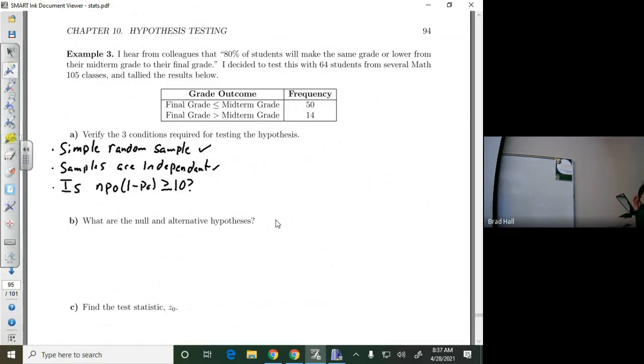So from here, 64 students, that's the total number of people that I considered in the study. p0 is the proportion that's assumed to be true. That's 80%, times 1 minus 80%, or 0.8.